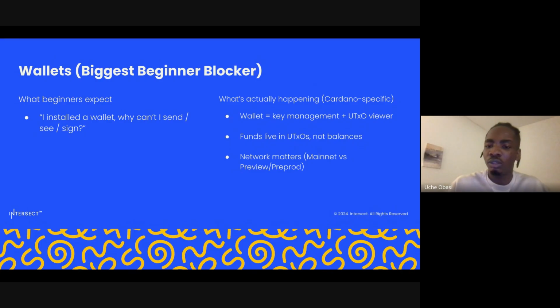Are you running this particular wallet in mainnet? Are you running it in preview? Are you running it in prod? So all these things matter. These are some of the things to have in mind. So as a beginner, it doesn't just end at you asking these questions, but you understanding under the hood what is happening.